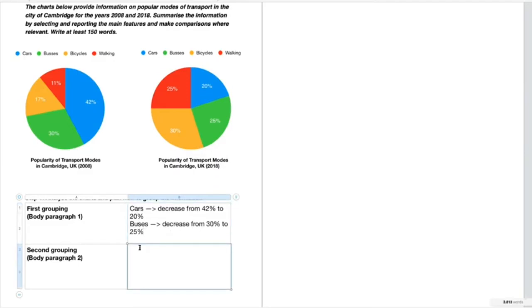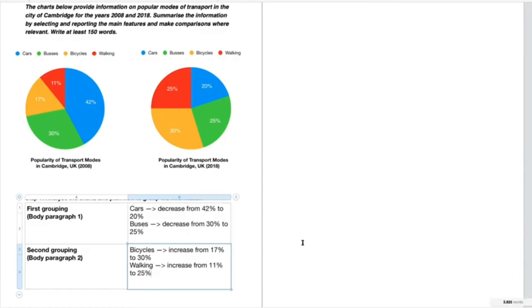And that leaves the second grouping with this red and orange, so walking and bicycles. So I've got here bicycles, and that has increased from 17% to 30%. And then walking, we see that has also increased, from 11% to 25%.